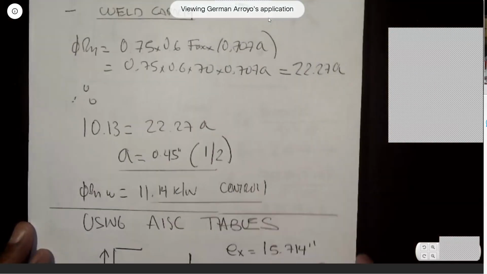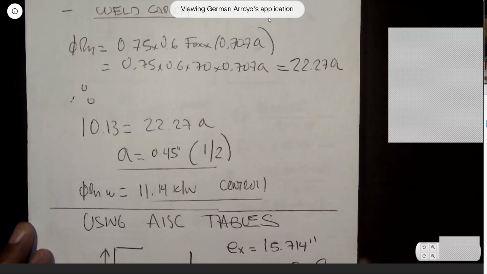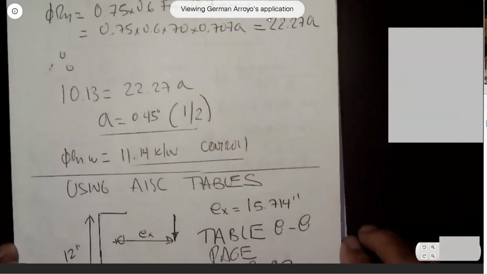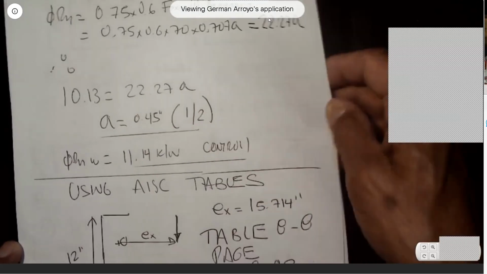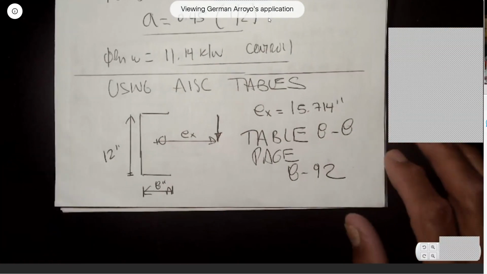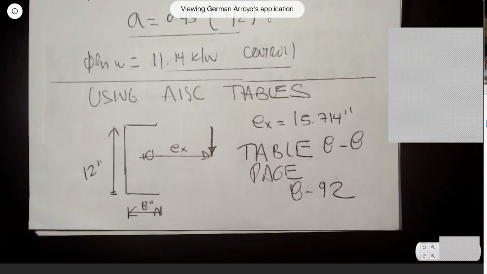Okay. So I'm going to show you how to use the table. So the same problem. To use the table, I'm going to give you time to go to chapter 8, page 92.